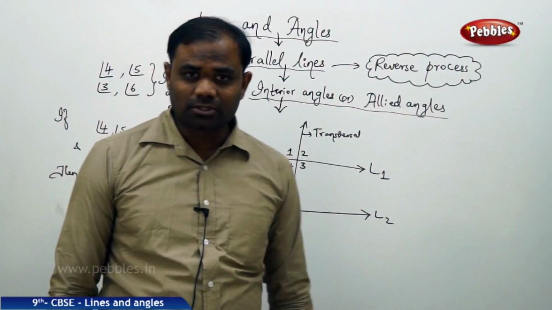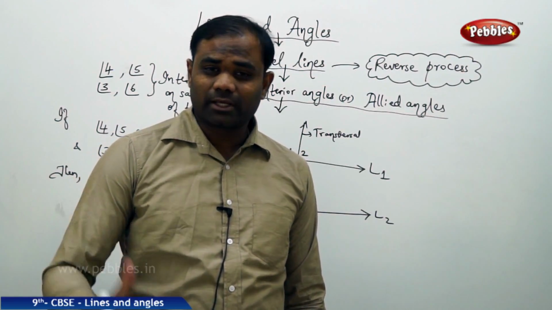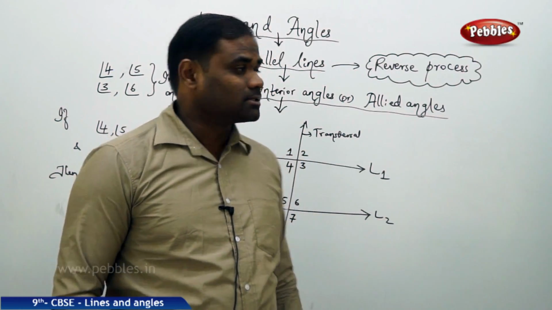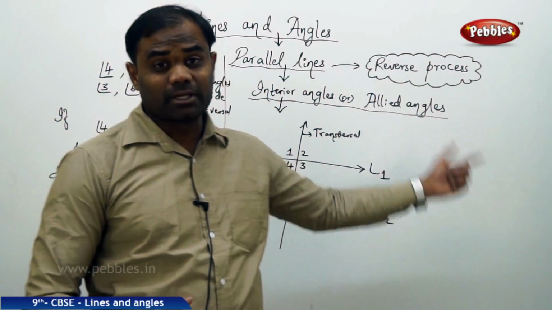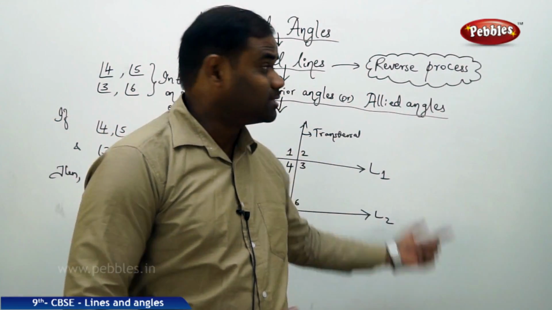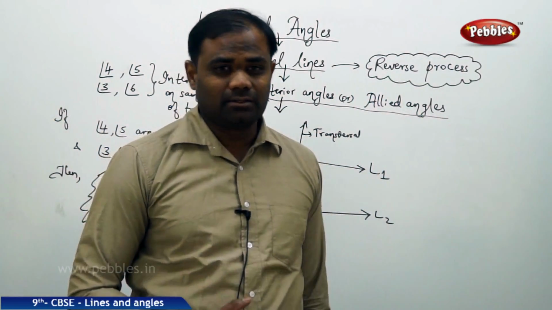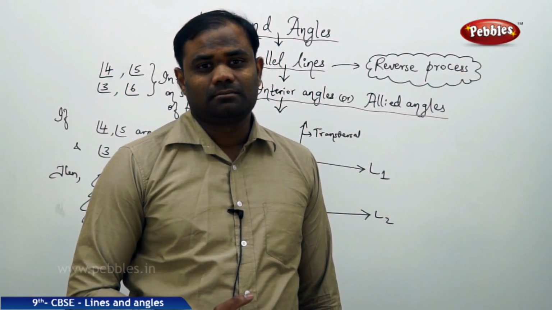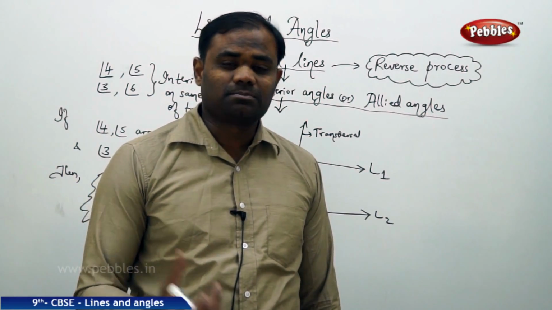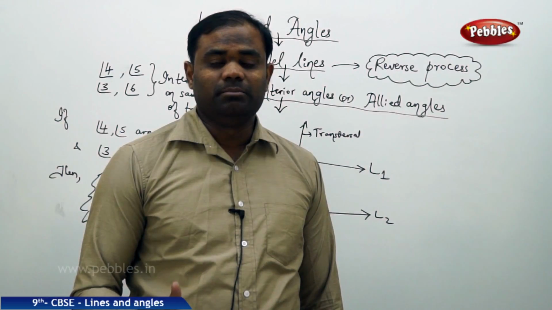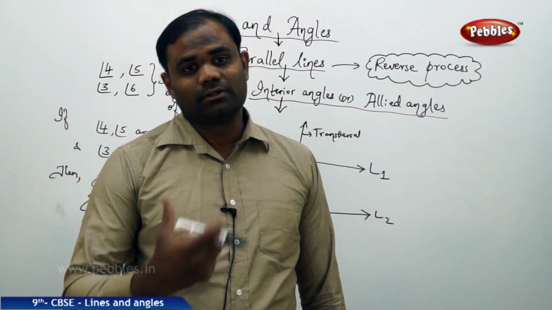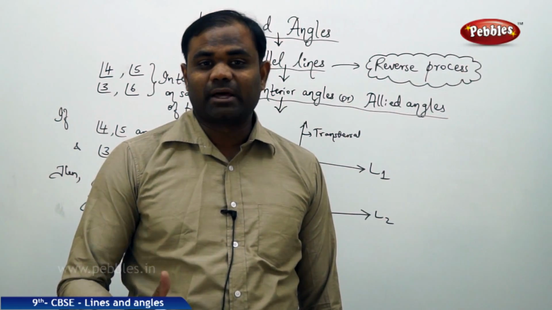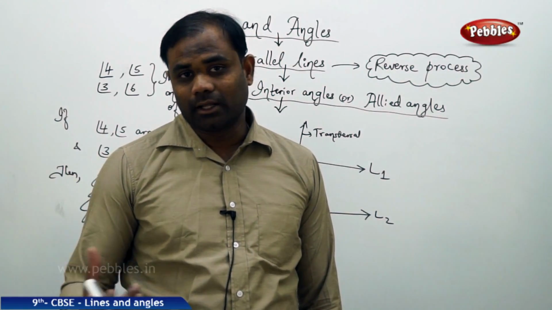So the reverse process holds for corresponding angles, alternate angles, and interior angles on the same side of transversal, that is, for allied angles. This is how we understand the reverse process being true for all the three connected angles for the parallel lines L1 and L2.